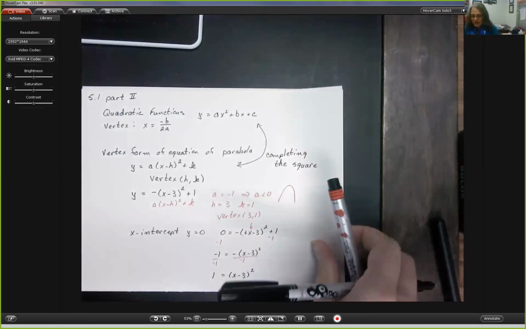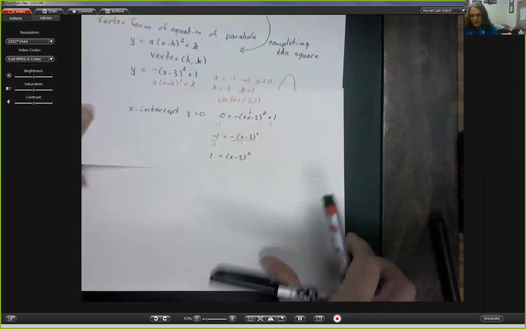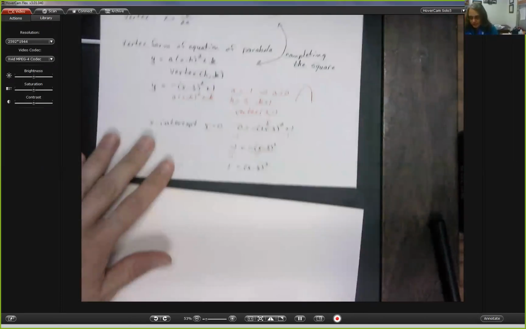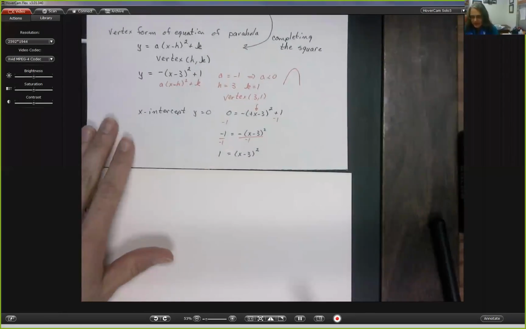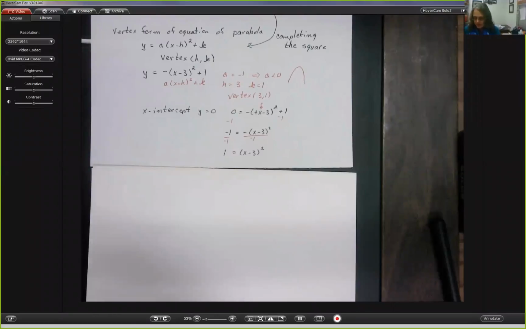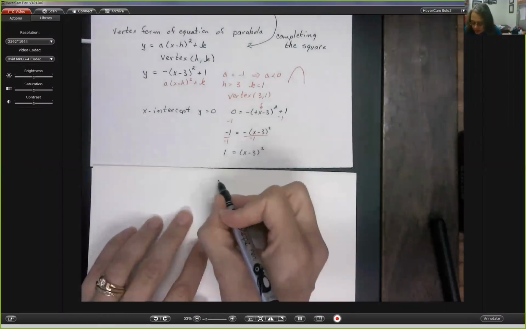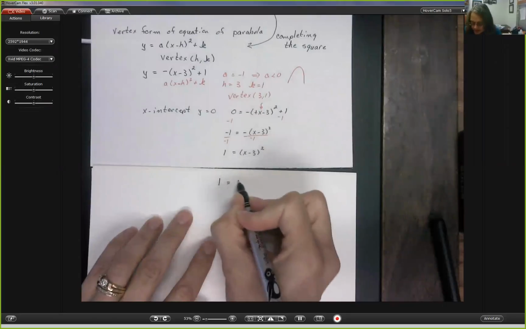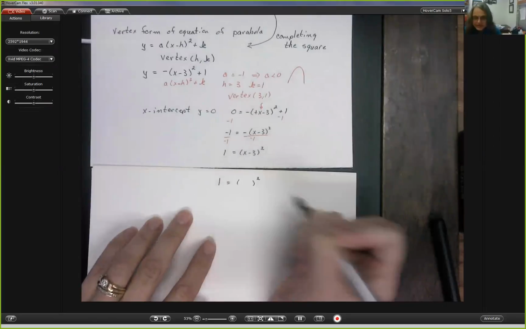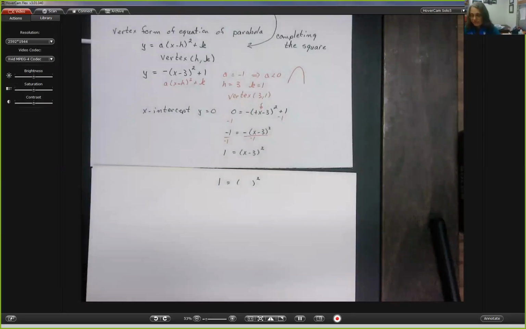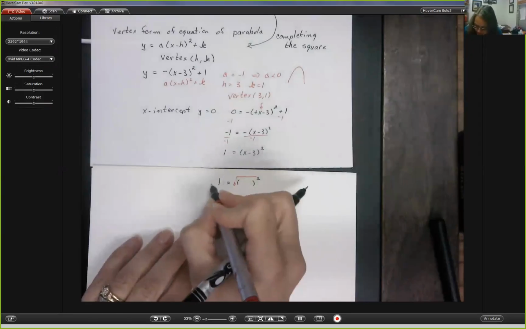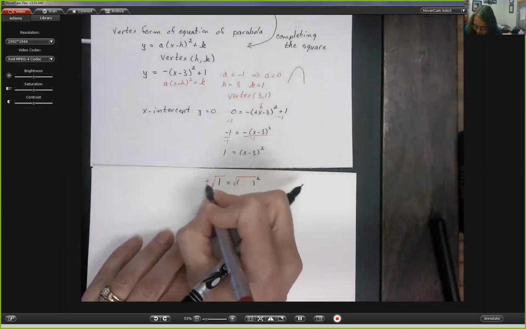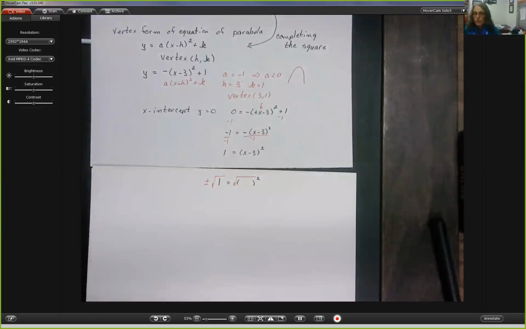If I've got anything squared equals a number, so what I have here is 1 equals something squared, it doesn't matter what's inside those parentheses. I can take the square root of both sides. I just have to remember to take the positive and negative square root, because there are two numbers that I can square to get 1.